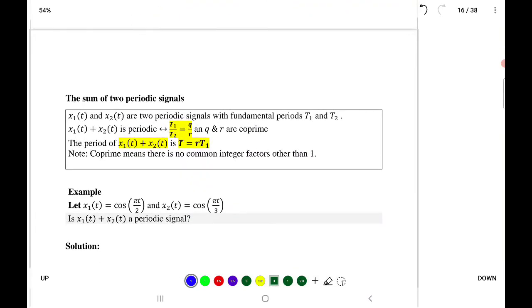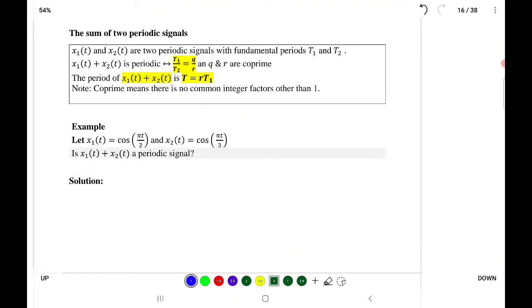Okay. Now let's move to another thing. What about if we are adding two sinusoidal, or two periodic signals in general? If you are adding two periodic signals, x1 and x2, you are going to get the resultant x of t. The question is, what is the period of this x of t, which is equal to the sum of both?